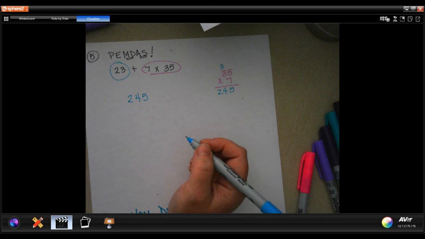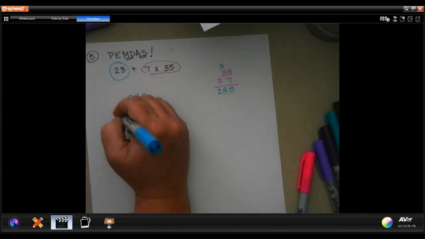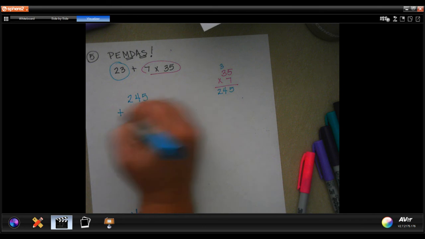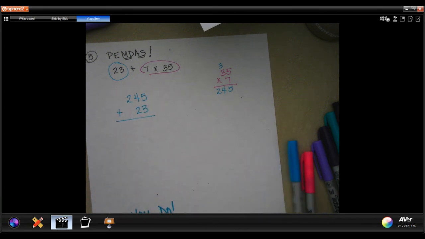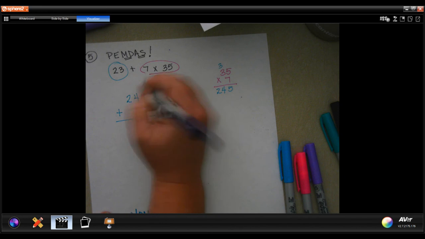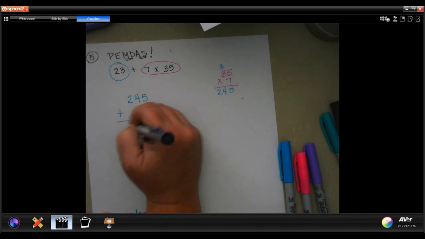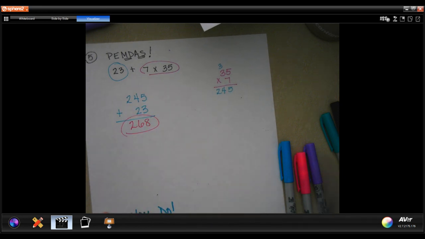It didn't disappear just because I did this part first. Okay? So I add 23. Okay? All right. 5 plus 3, 8. 4 plus 2, 6. Bring my 2 down. 268.